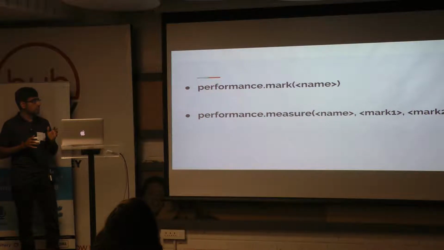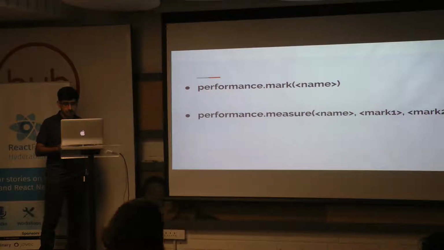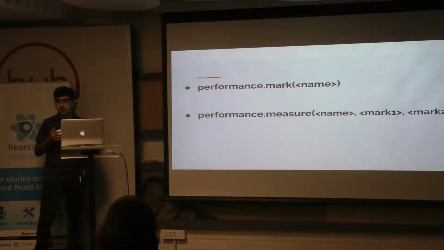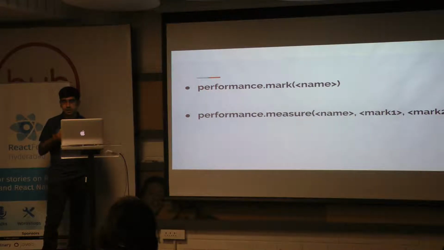The main APIs which you have to use are performance.mark and performance.measure. performance.mark places custom timestamps on the performance timeline, and then you can call performance.measure between two custom markers to mark that event on the timeline. Let's see this with an example. Let's say in our e-commerce app, we want to analyze what happens when the user clicks on the add to cart button and the product actually becomes visible in the cart. We want to analyze what all React is doing in this time.